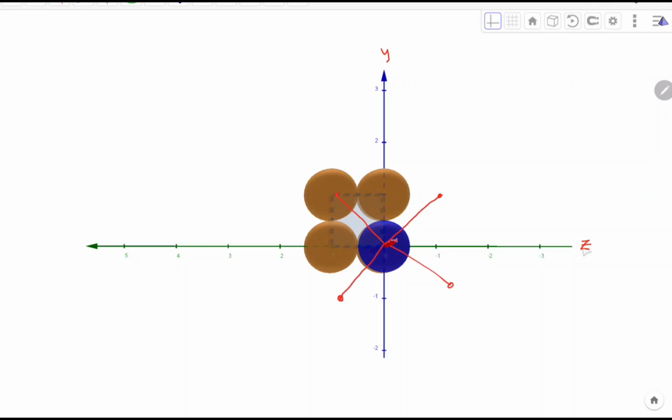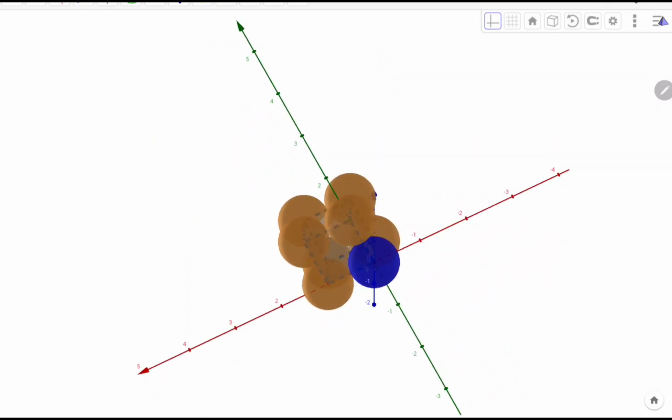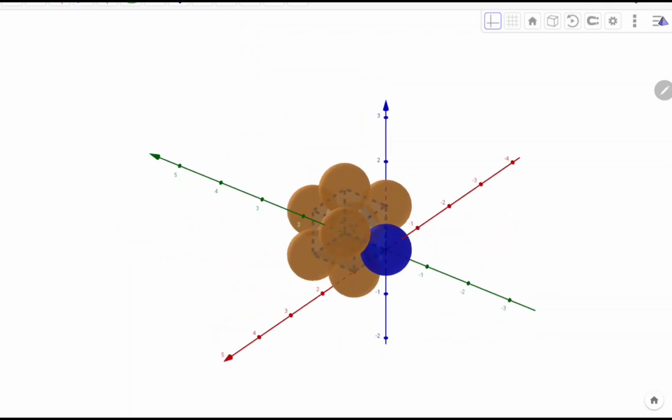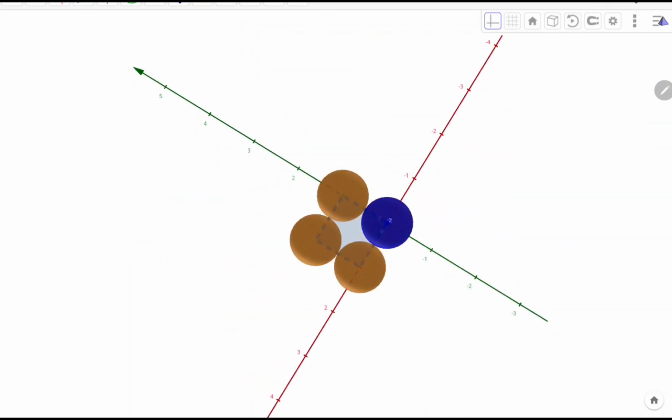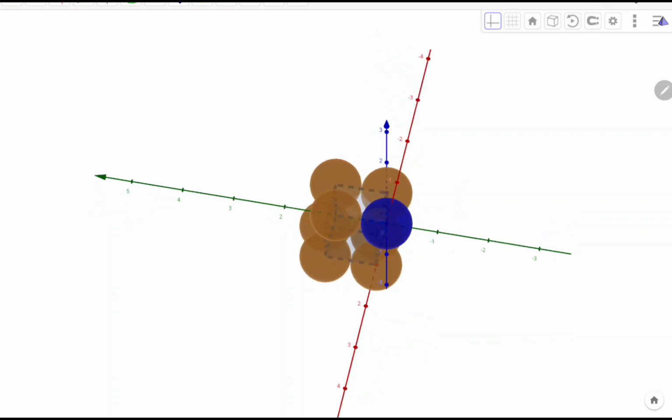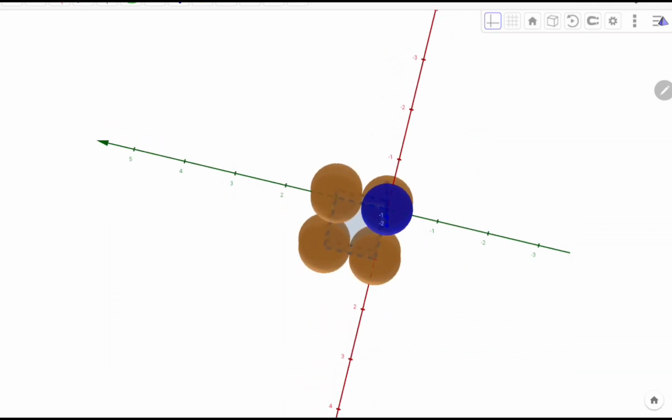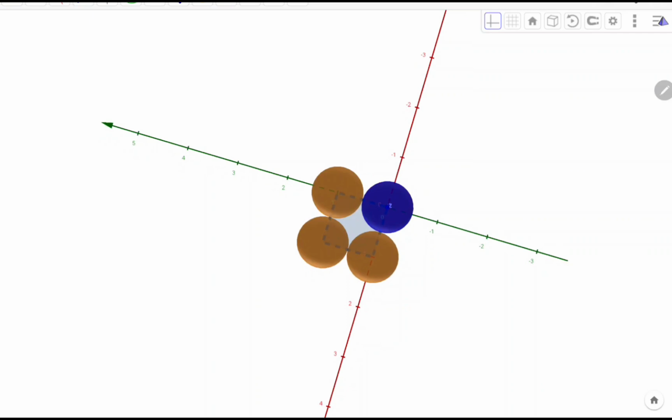So in the yz plane, another 4 second nearest neighbors. Now the third part is in the xz plane, this one right here. Again, 1, 2, 3, 4.